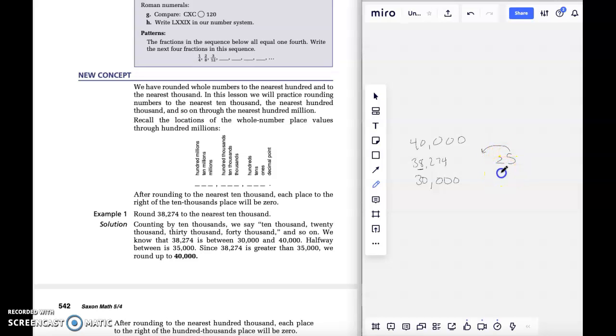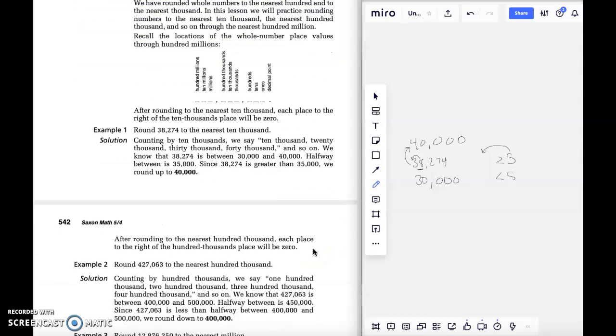If it is less than 5, we are going to round the digit down. So 8,000 is greater than 5. So we're going to round that digit to the next 10, so up 1 and everything else becomes zeros. So we're going to round that up to 40,000.